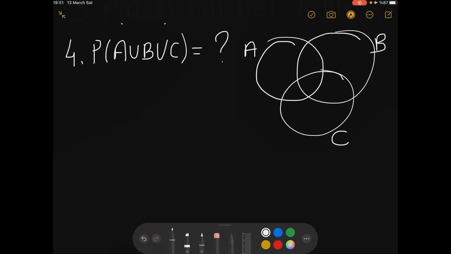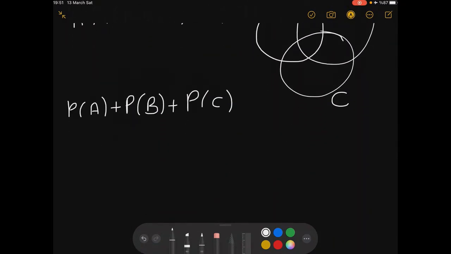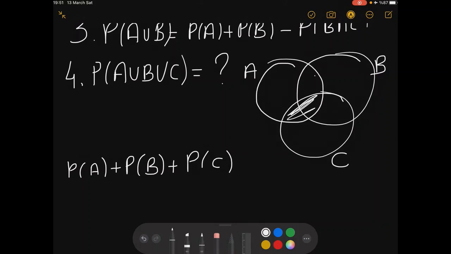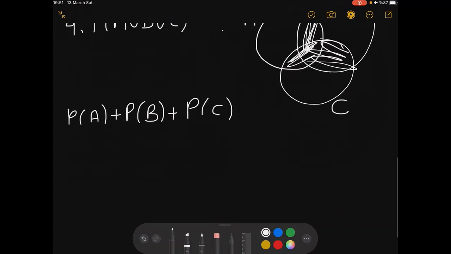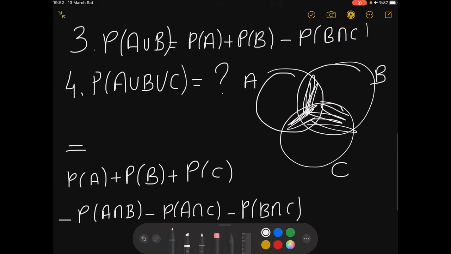And it should be probability of A plus probability of B plus probability of C. All right, it looks pretty similar, but since we just added these parts multiple times, twice, we need to subtract them once. Probability of A intersection B minus probability of A intersection C minus probability of B intersection C. So that would be your answer.